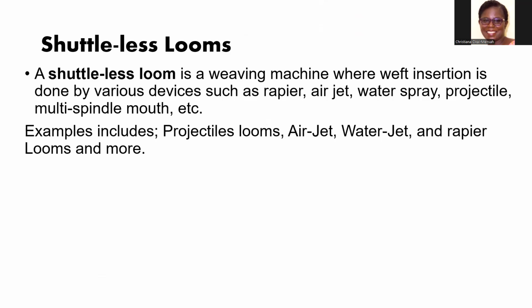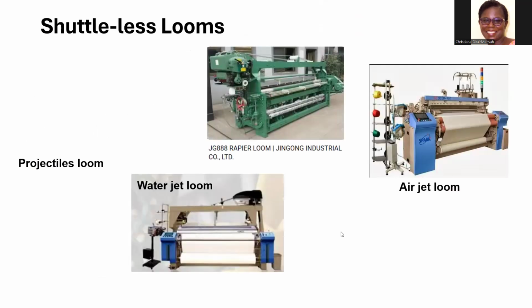Examples of these looms, we name them according to how we direct the yarn. So the projector looms have something like a small wire that we use to project the yarn. You have the air jet, water jet, rapier looms, and more. So these are examples.